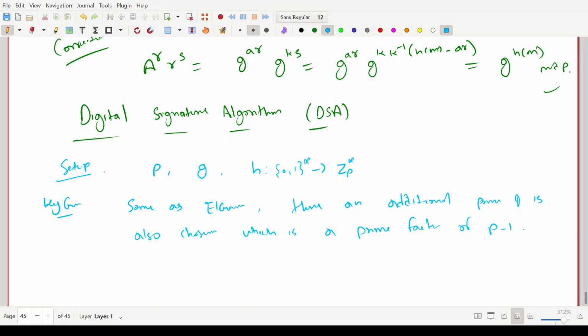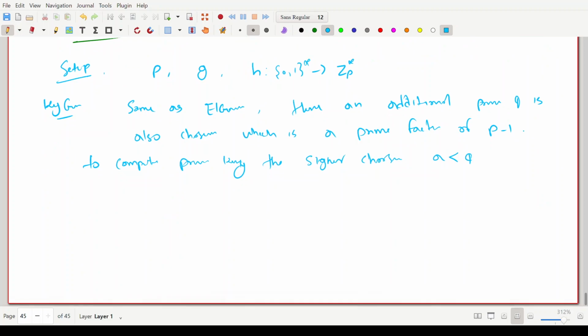Further, to compute the private key, the signer chooses a, which is less than Q, and computes capital A, which is G raised to a modulo P. So the public key is P, Q, G and A, and the secret key is small a.